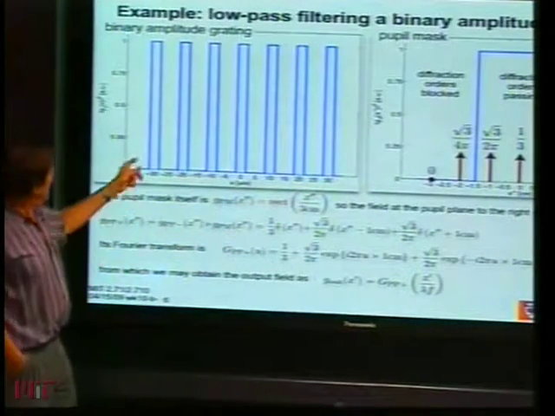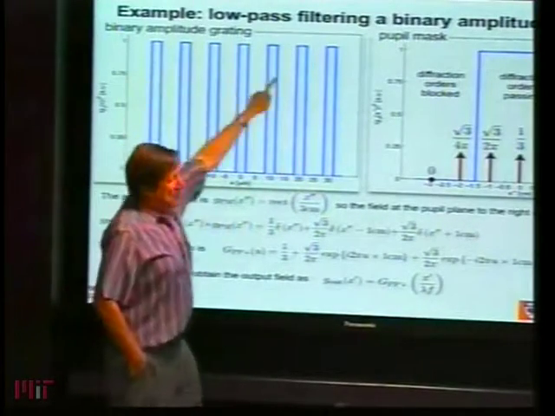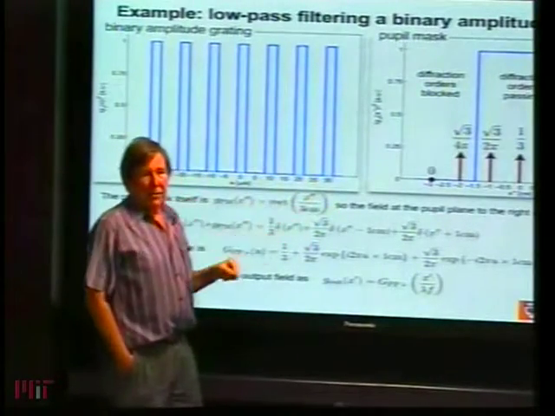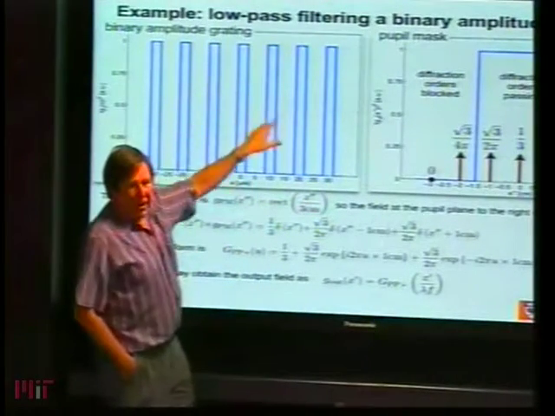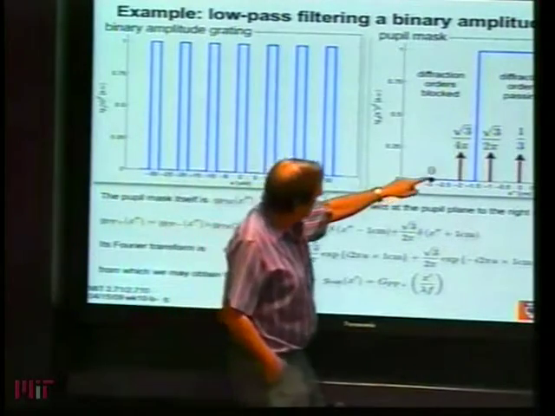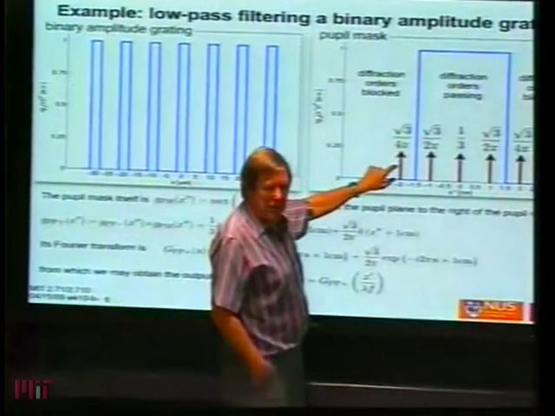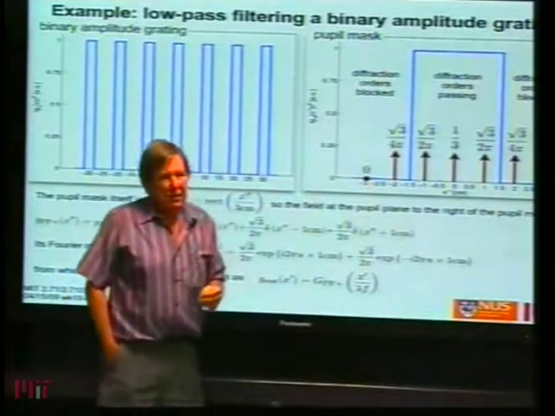So this is multiplied by another rect function, really. The Fourier transform of this whole thing multiplied by a rect is something convolved with a sinc. So each of these things is not really a delta function, but a very narrow sinc, which depends on the size of our grating.